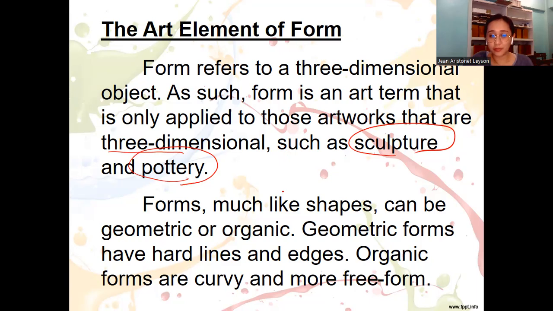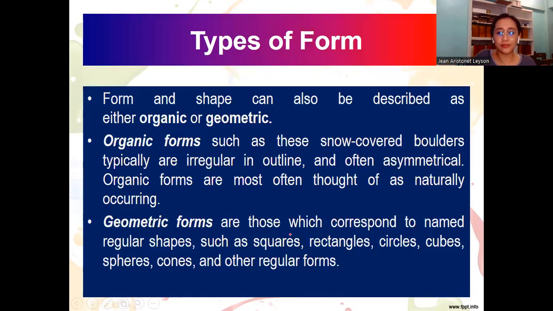Forms, much like shapes, can be geometric or organic. Geometric forms have hard lines and edges. Organic forms are curvy and more free form. So, types of form. Organic examples are snow-covered boulders, typically irregular in outline and often asymmetrical.